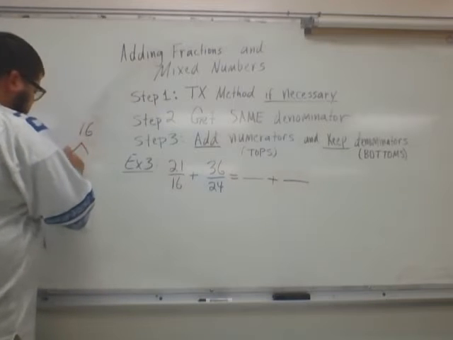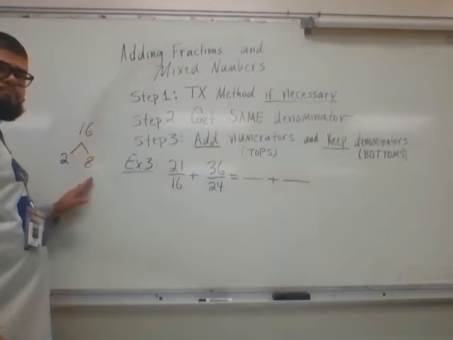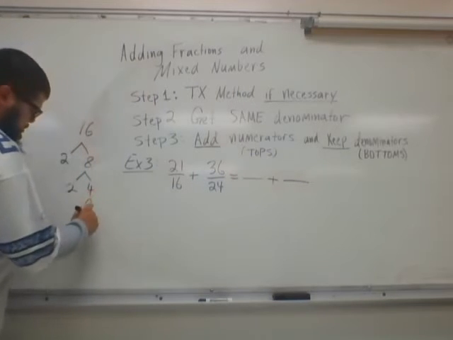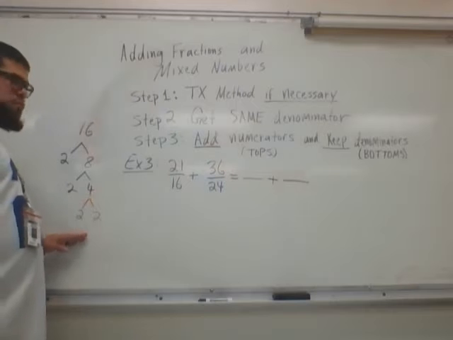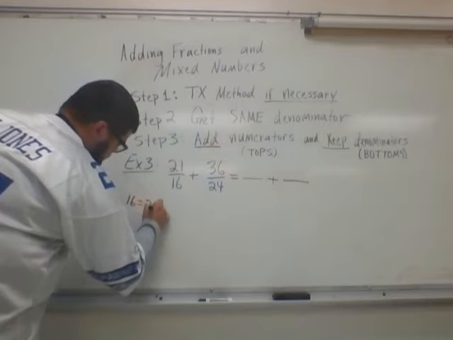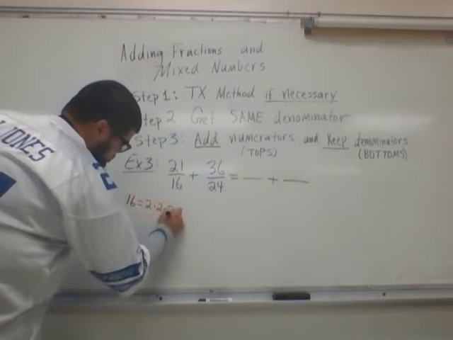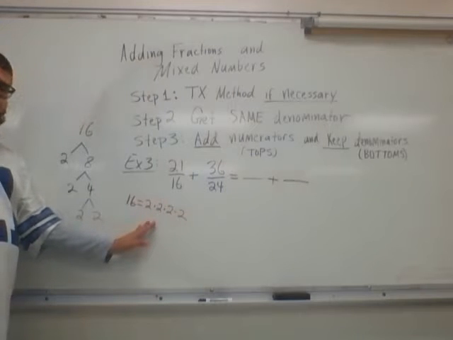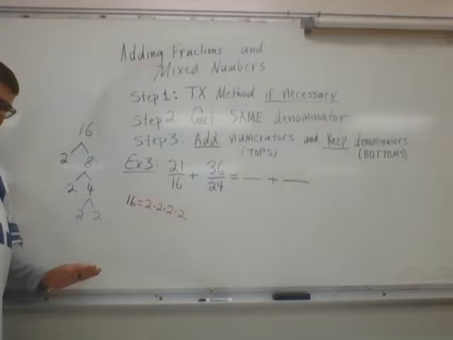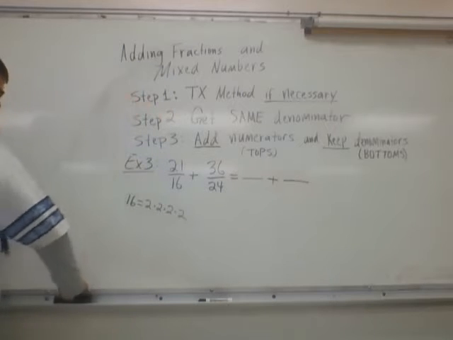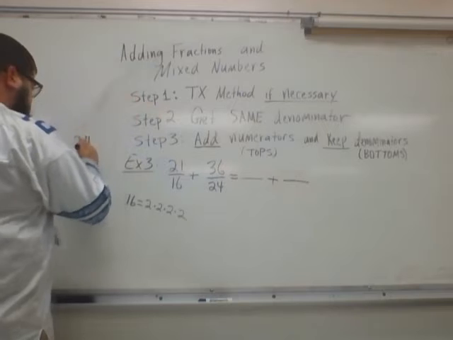So 16 is 2 times 8, and 8 is 2 times 4, and 4 is 2 times 2. So 16 is equal to 2 times 2 times 2 times 2. We're going to leave it in expanded form for right now. Okay? We got that? Now we're going to prime factor 24.